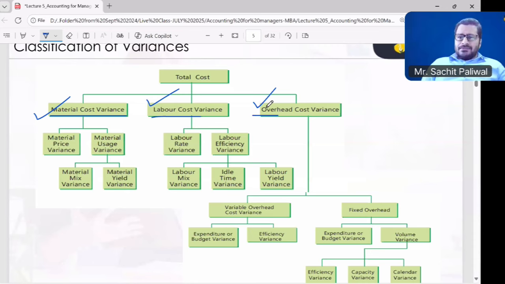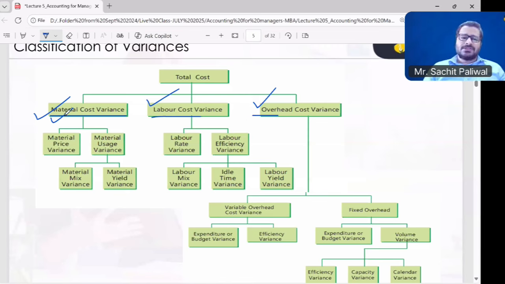I particularly emphasize this classification because it is going to be used everywhere. Wherever you go through cost accounting or any topic of cost accounting, you will find the classification of cost at the base of material, labor and overhead. That is why I emphasized in the previous lecture that you must learn the elements of cost. It is going to be utilized forever in cost and management accounting.